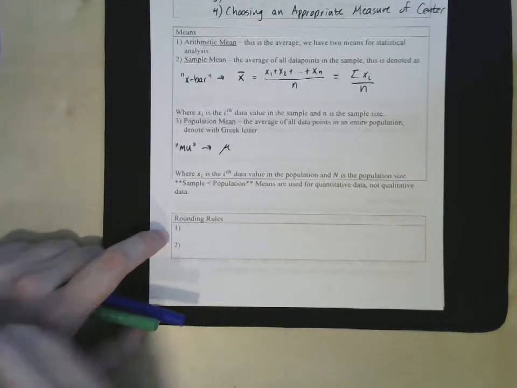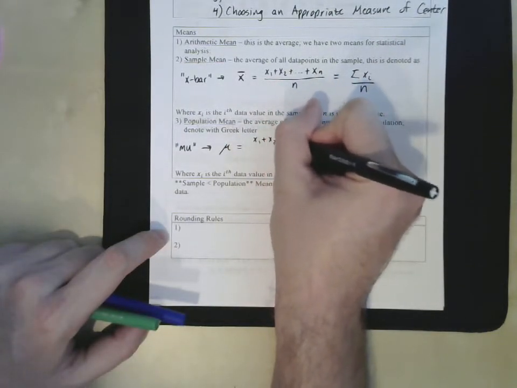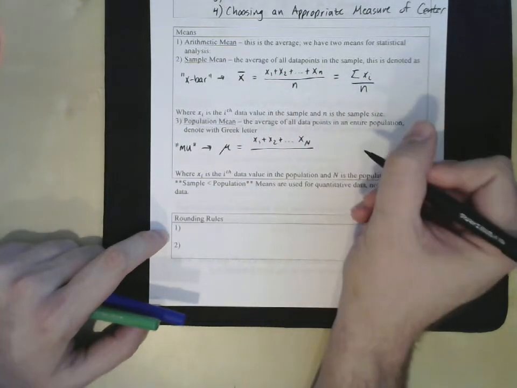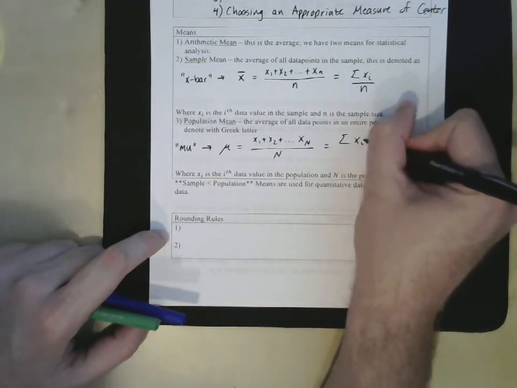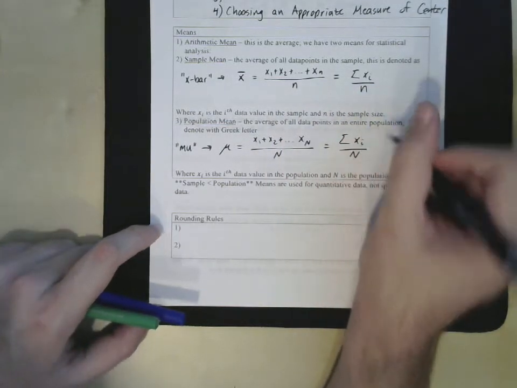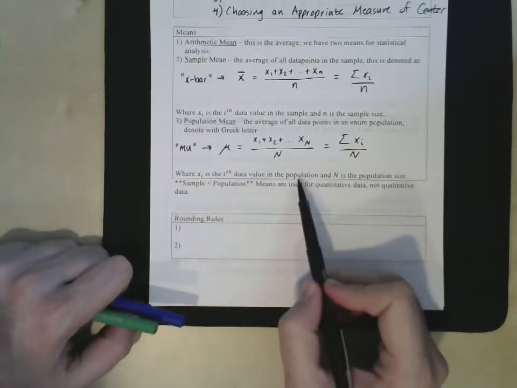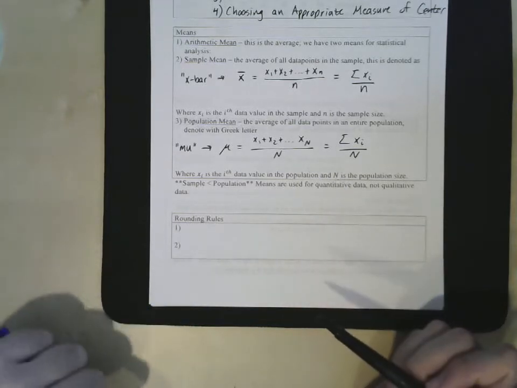So that's mu. And this is x1 plus x2 plus ... all the way down to x sub capital N all over capital N, or shorthanded as the sum of x sub i over capital N. And again, x sub i is the ith data value or data point in our population now, and capital N is the population size.